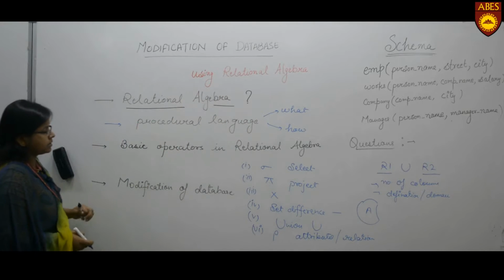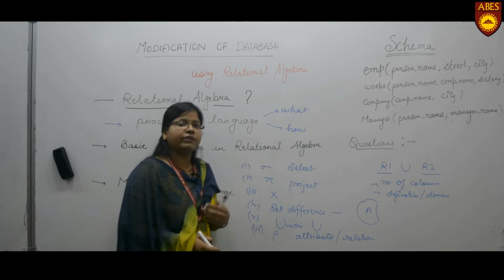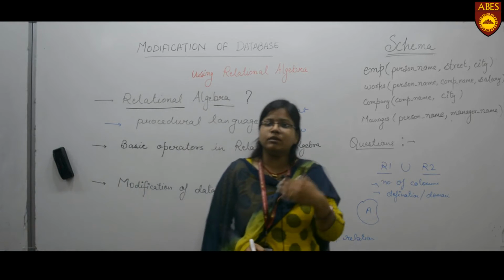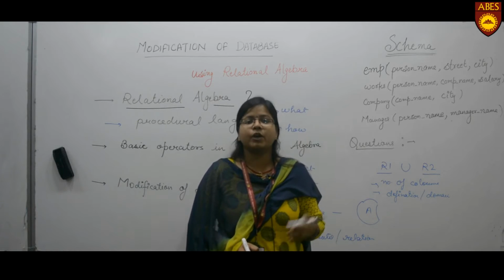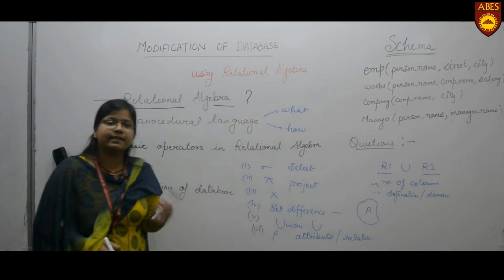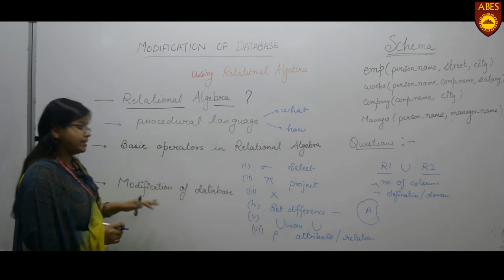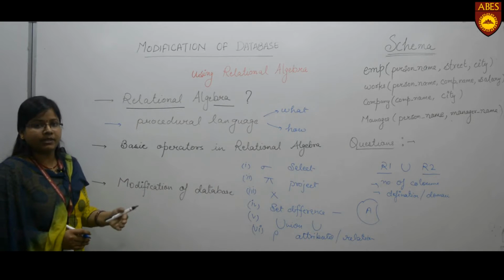modification of the databases. So what do you understand by modification of the databases? Modification means if you want to increase or decrease existing values in the database, or change an existing value in the database. So modification of the database means the content of the database is to be modified.